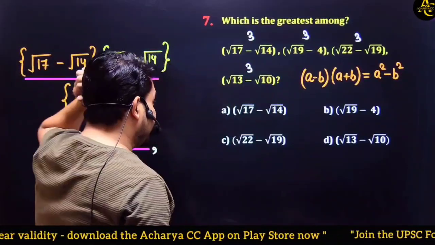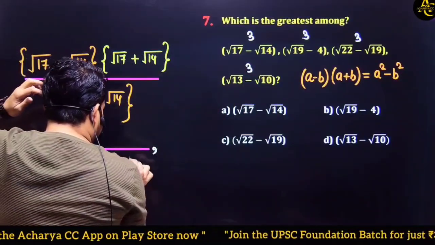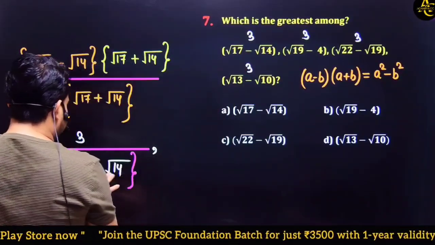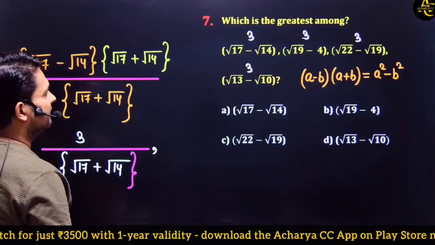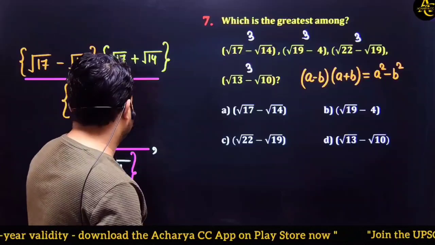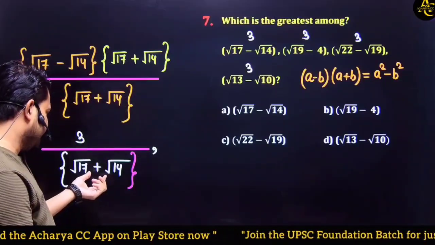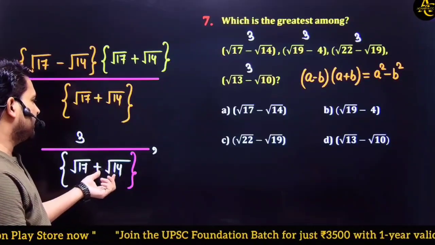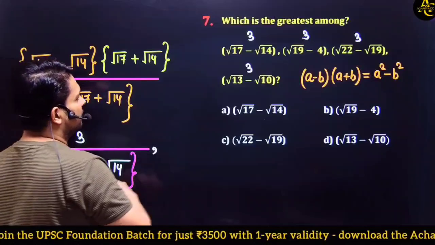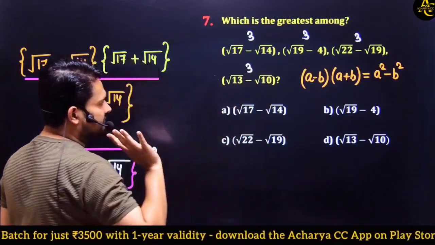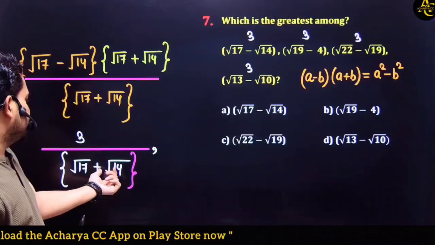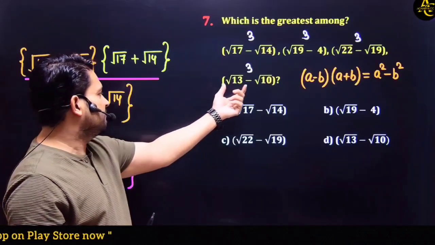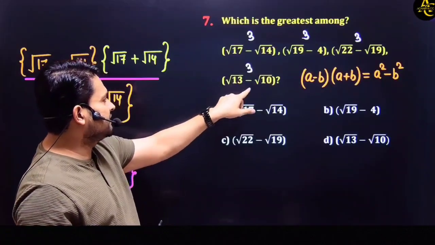So what will be the answer? See, if I add these, I will get a huge number in the denominator. Root 17 plus root 14 is more than root 13 plus root 10, because these numbers are larger when I take a plus sign in between.